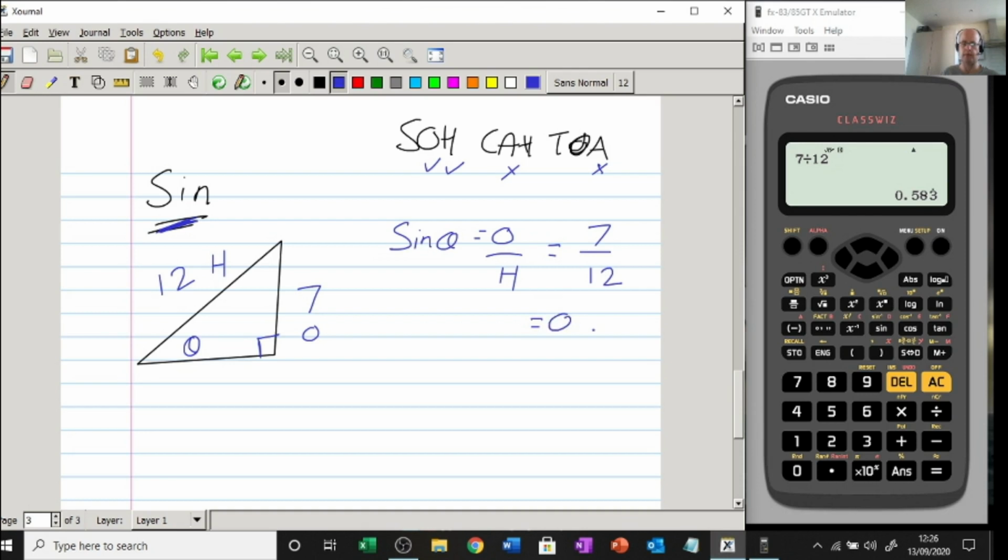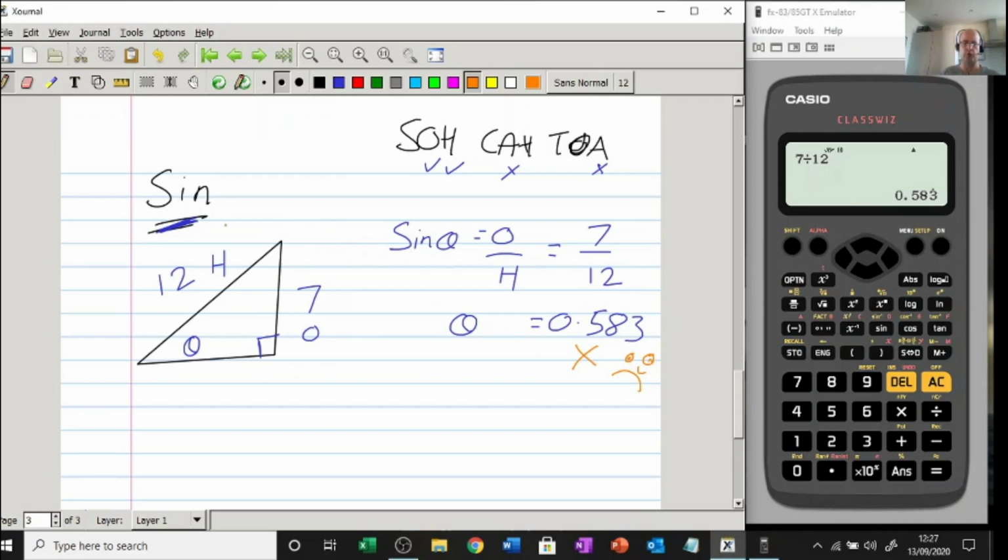That's not going to be the angle. 0.583 recurring, whatever. That is not the angle, so the angle doesn't equal that. Some people will do this, and you will. I keep going on about it, but some people will. Wrong, wrong, wrong. Sad.